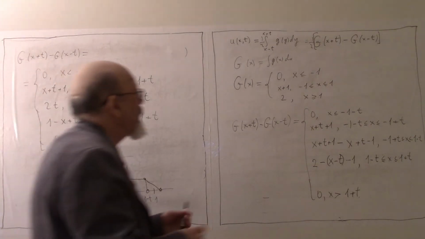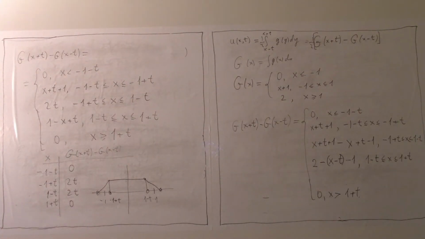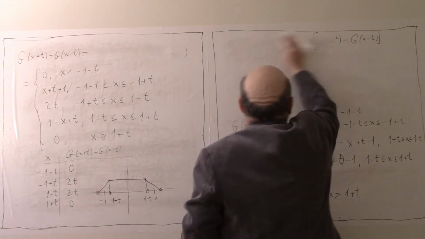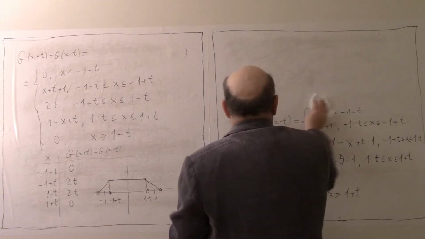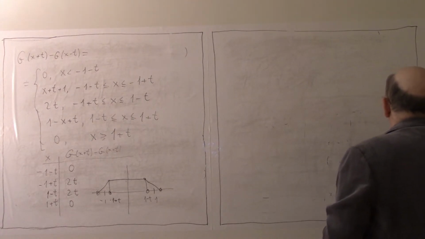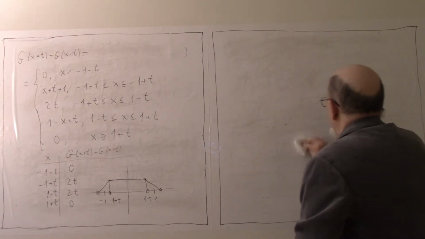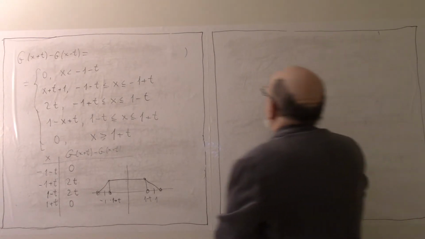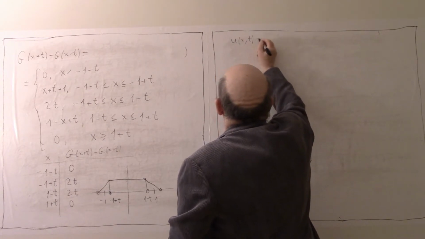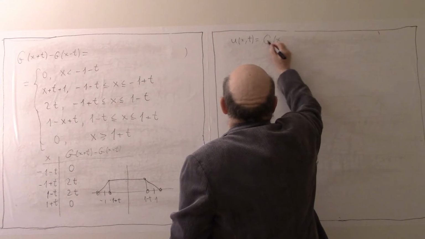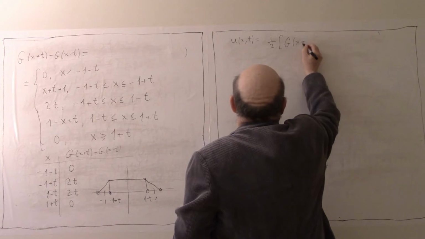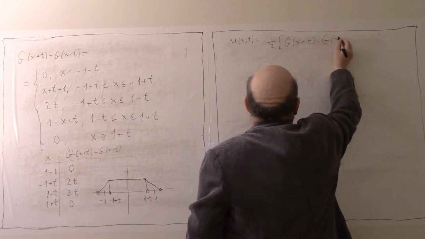Okay, so let me draw several frames of the movie. So recall that u of x, t equals 1/2 g of x plus t minus g of x minus t.